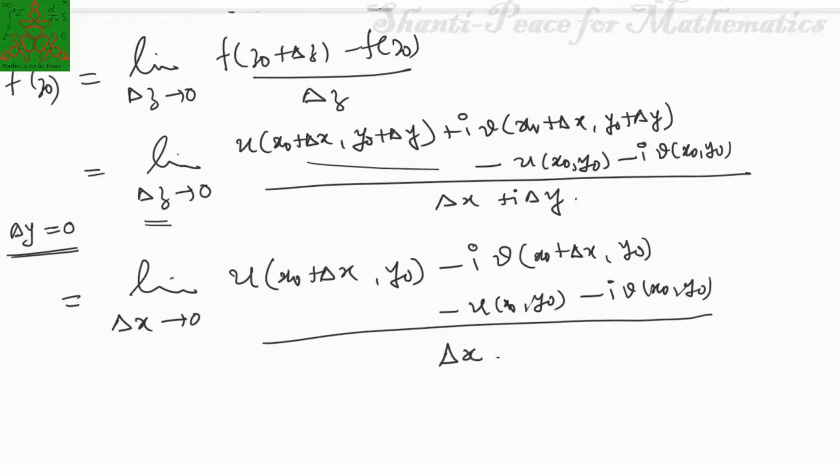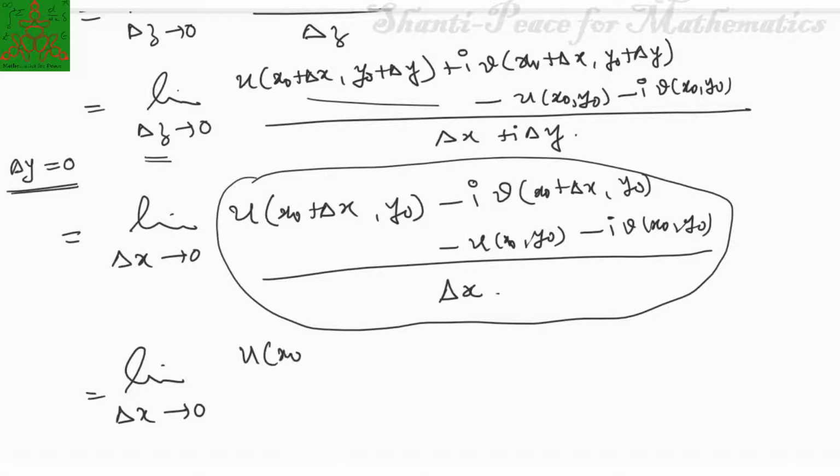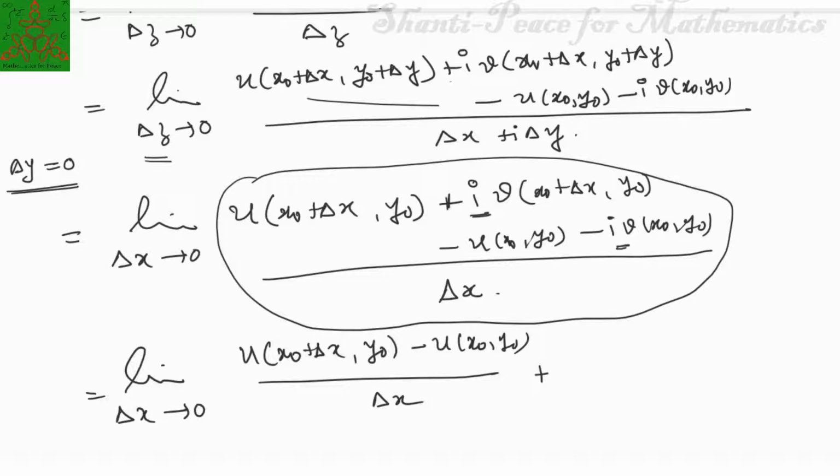This can be rewritten by writing the real and imaginary parts separately: the limit as delta x tends to 0 of u of x0 plus delta x, y0 minus u of x0, y0 upon delta x, plus i times the limit as delta x tends to 0 of v of x0 plus delta x, y0 minus v of x0, y0 upon delta x.